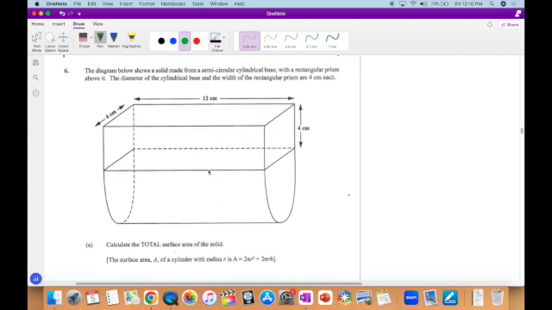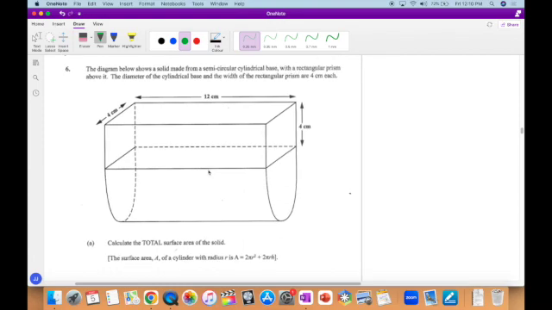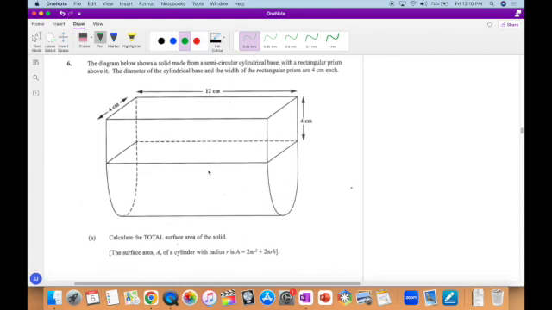Number 6: the diagram below shows a solid made from a semicircular cylindrical base with a rectangular prism above it. I could see that, and they say semicircular, right?